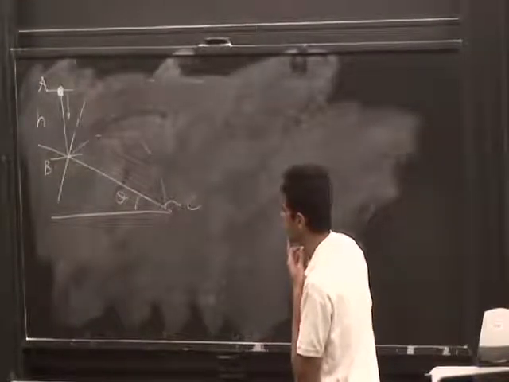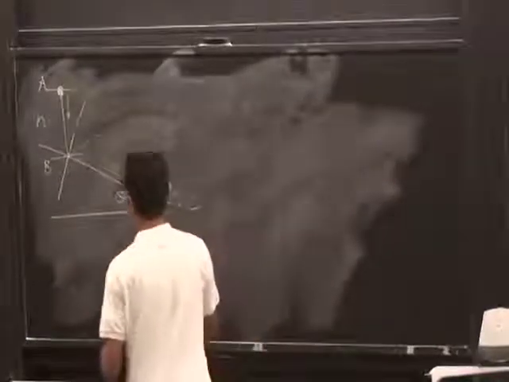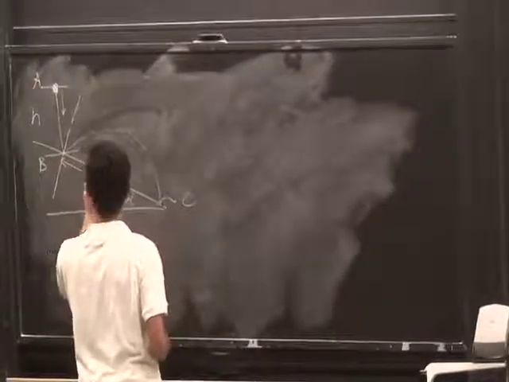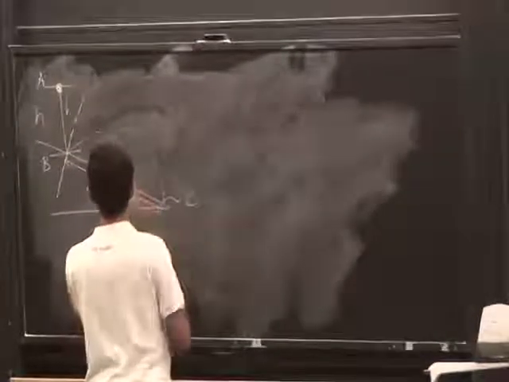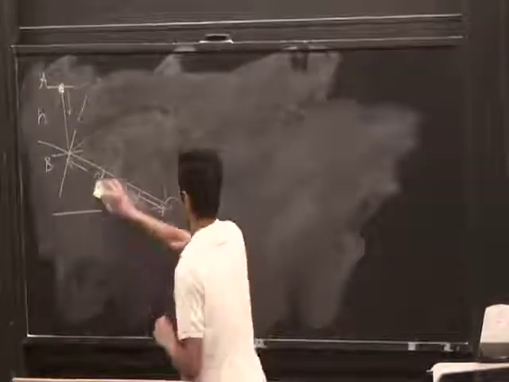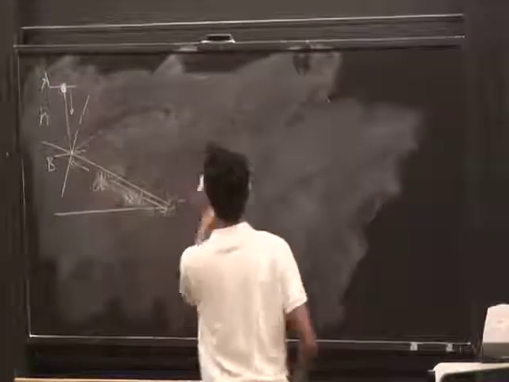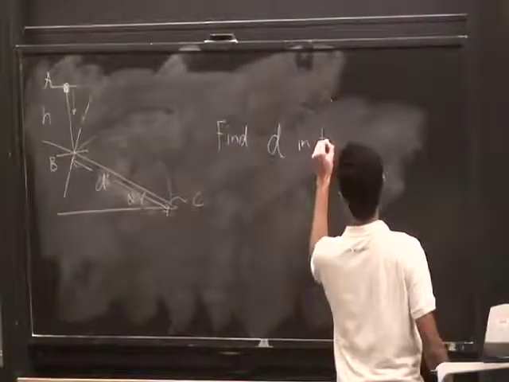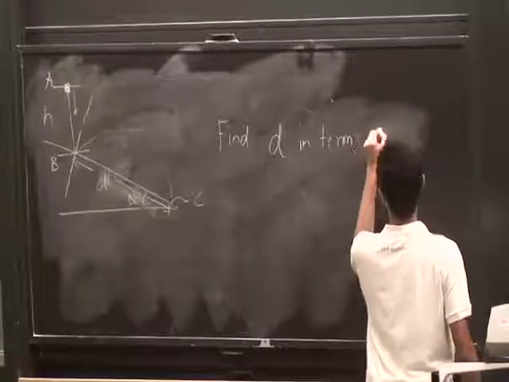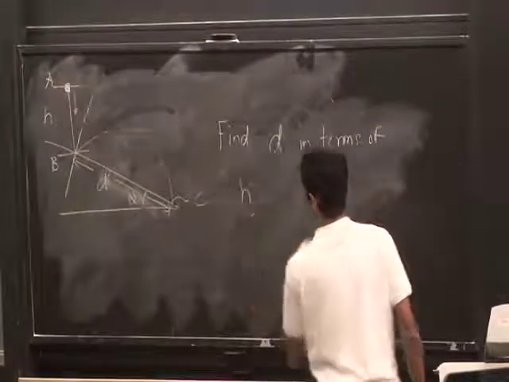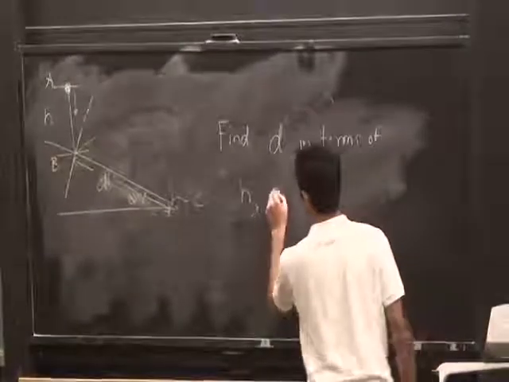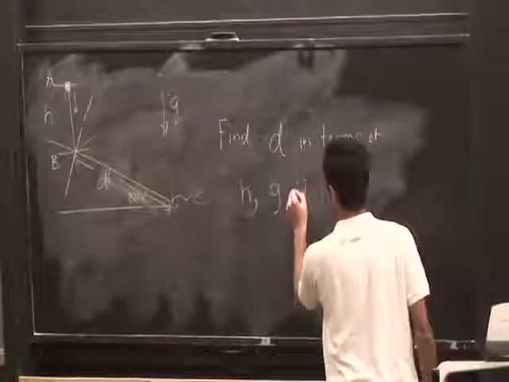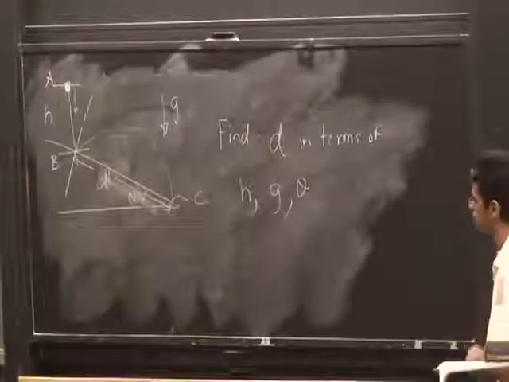And the question is, find the distance D in terms of h, gravity, theta, the slope of this inclined plane.